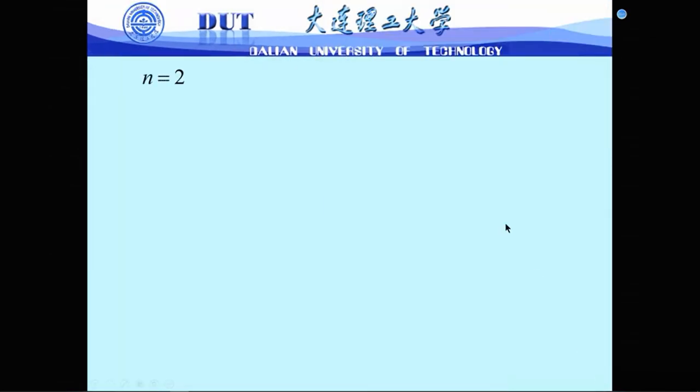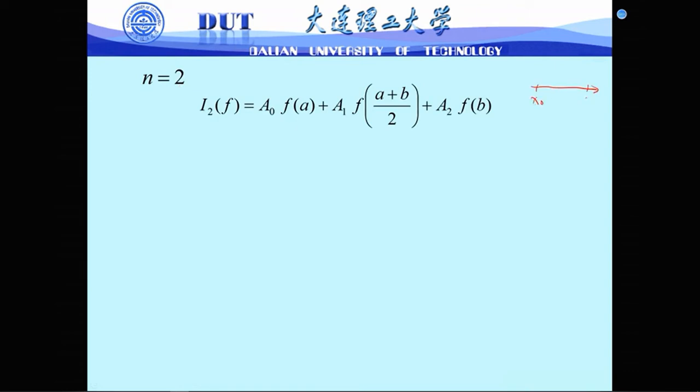Okay, next, in order to improve the accuracy, now we choose n equal to 2. That means we have 3 nodes, right? I explained before. x0 is a and the endpoint is b, right?